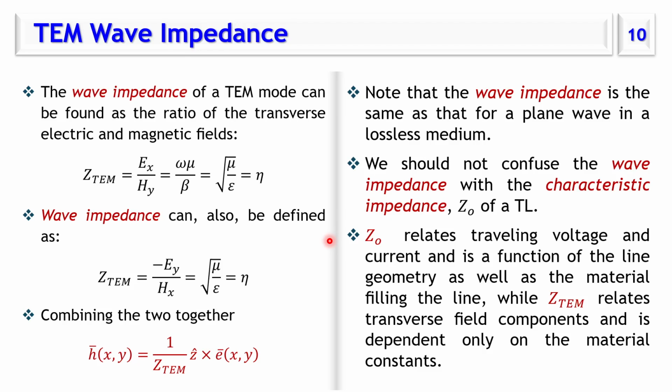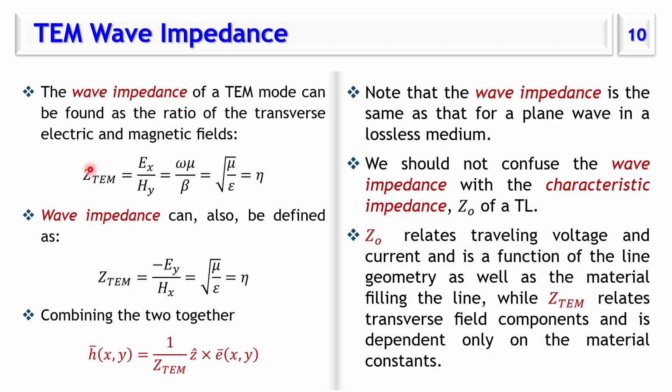Wave impedance is defined as the ratio between the transverse electric and magnetic field. So Ex over Hy is the wave impedance. In the case of TEM, just substituting from the expression, we'll find that it is a constant that is the same value as the intrinsic impedance of the dielectric filling the waveguide.